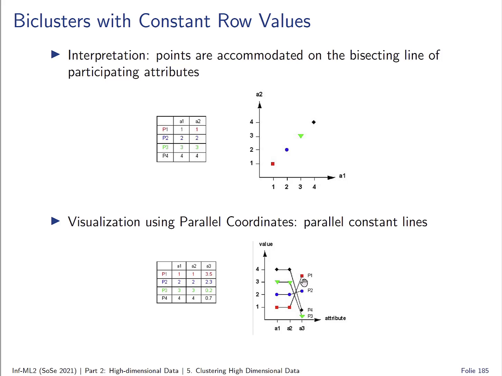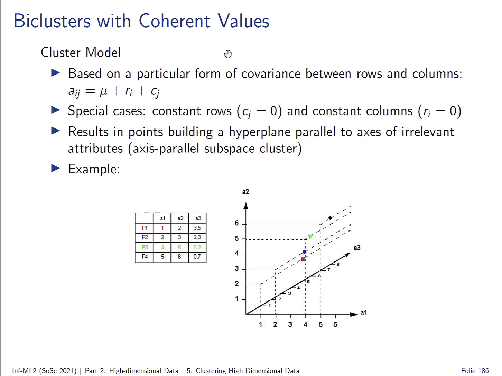And again, in these non-relevant columns like A3 here, we have an arbitrary spread of the values. So that is the specific pattern in the parallel coordinates for constant rows. Next up will be the third part, which is constant coherent values.